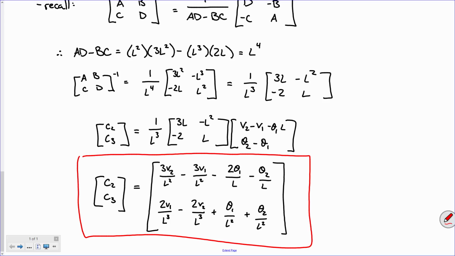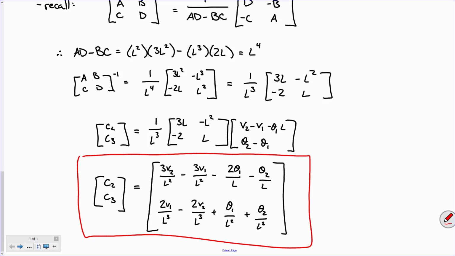I know that's long. But what I'm saying is, take 3L times this, minus L squared times this, take minus 2 times this, L times that, multiply it all out, then divide everything by L cubed, simplify, do all the collection, and that's what you're going to get. I know it's messy, but in the end, that's the answer. All right? Are you all right with that, or do you want me to carry it out? You good? Okay. All right.